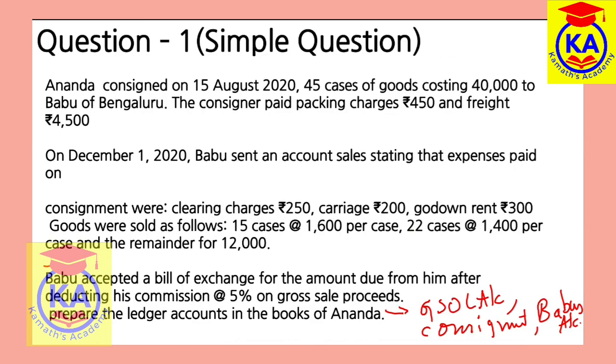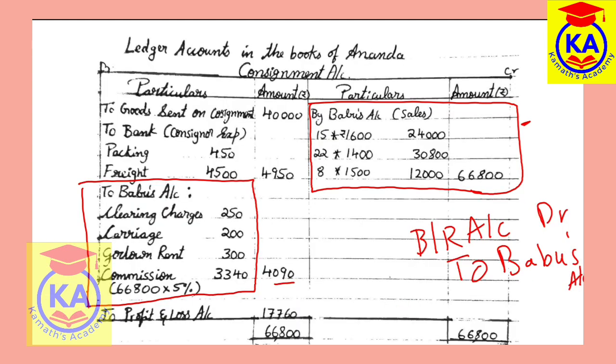When bills has been accepted by Babu in the books of Ananda. Okay, bills receivable account debit to Babu's account. Babu is asset for Ananda. So asset decreases, credit, and bills receivable is asset, increases, so debited. So bills receivable account debit to Babu's account.